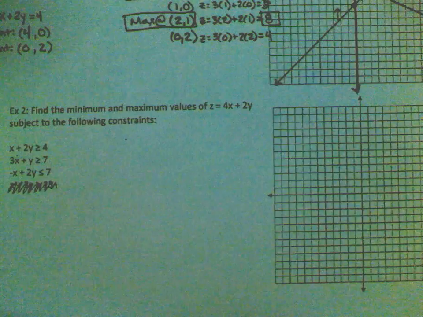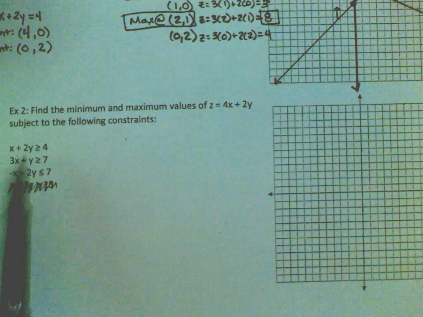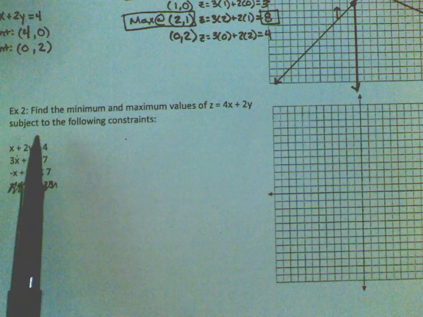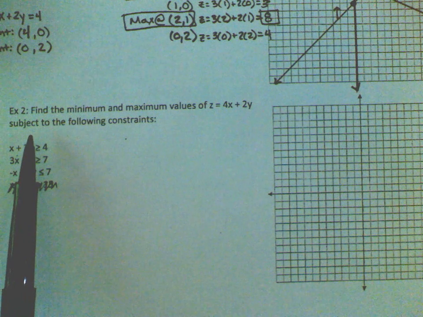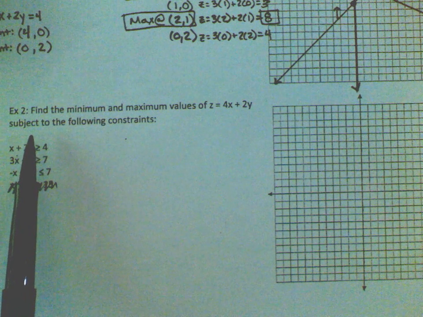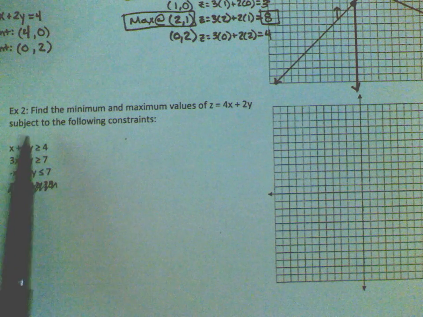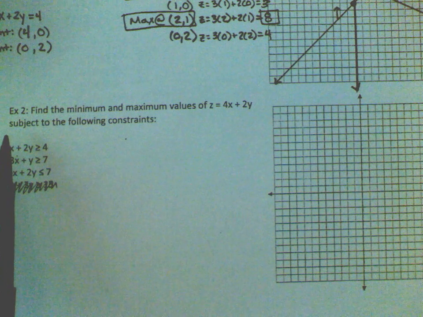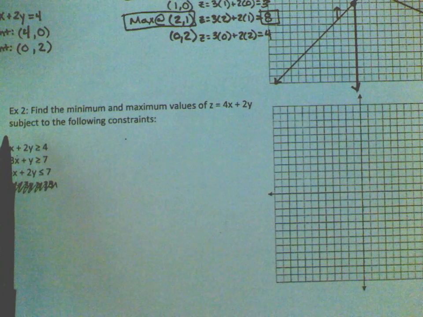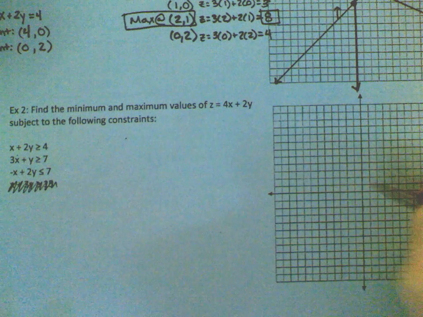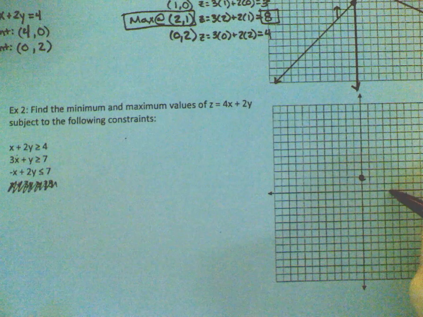Okay, so let's start with that very first equation. Using your intercept method, what's your x-intercept? Courtney says 4. What is your y-intercept? John says 2. So we'll plot those.